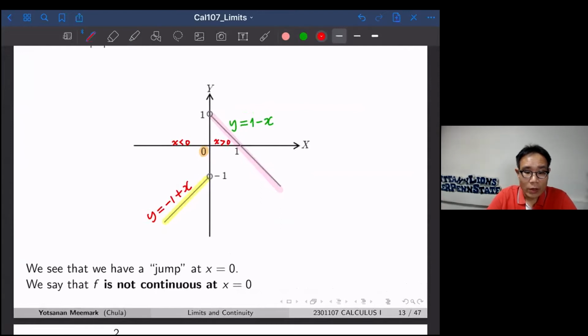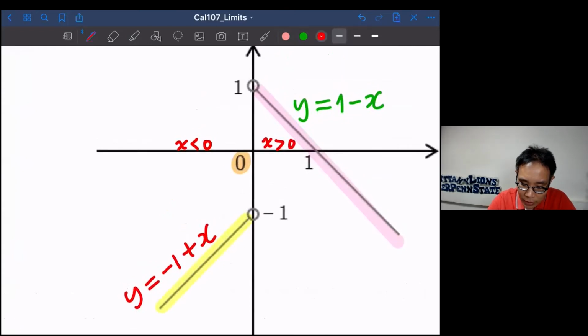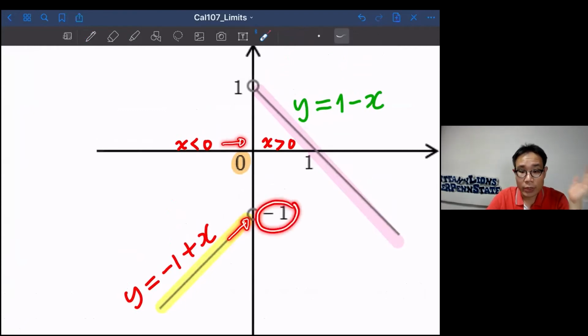We see also the left limit. If x approaches 0 from the left side, the yellow part of the graph approaches -1, and this is the left limit that we talked about earlier.